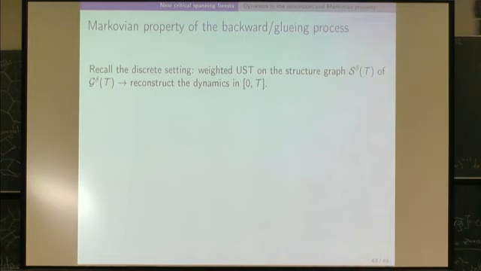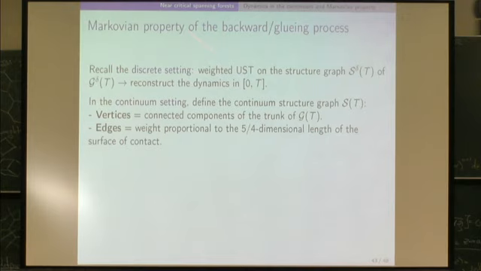Then you have a new graph with one edge. You coalesce this edge so that it becomes just one vertex, and you have a new structure graph, and you can sample another uniform spanning tree on it, and continue this procedure. So it was quite natural, in fact, even in the discrete setting.